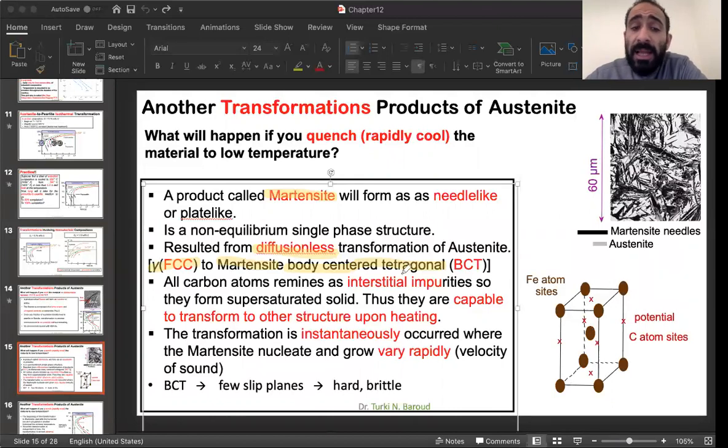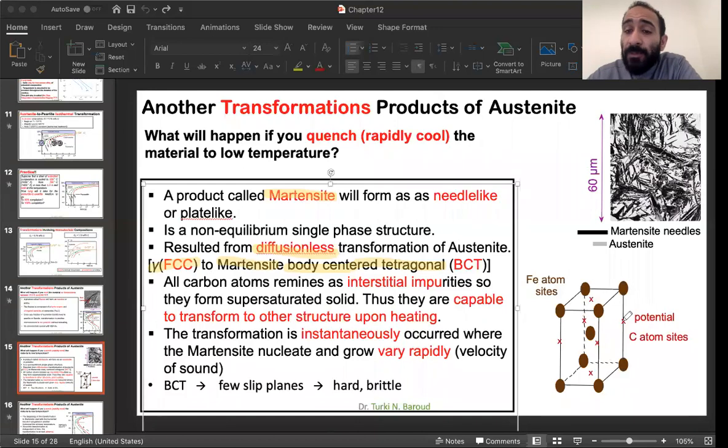Excellent. So what happened here? In this BCT, these are iron atoms. Now at the edges the carbon will be locked. It will freeze at this position. It cannot move anywhere else. Therefore the carbon stays in these positions as you can see over here.